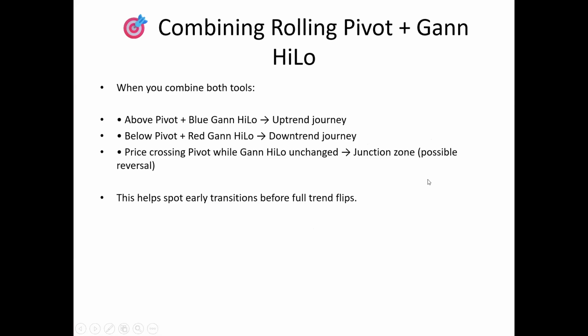So you need to wait. You should not hurry yourself. This helps spot early transitions before full trend flips. So you need to wait. You need to stay away from the market. You just see. And my indicator will tell you which direction it is after the halt, after all the gimmicks, drama, flip business.